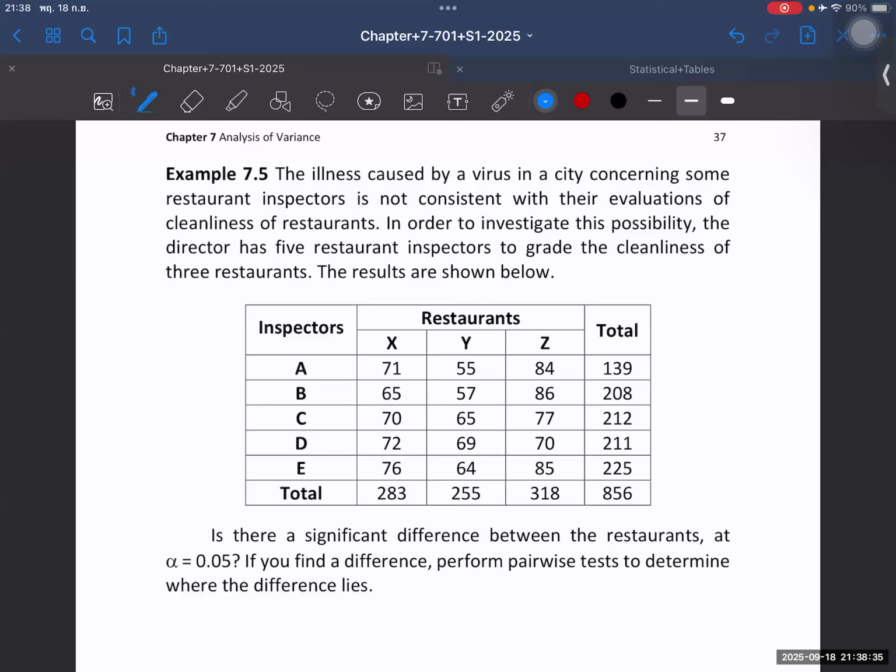They want to ask, is there a significant difference between the restaurants at the 0.05 level of significance? If you find a difference, perform the pairwise test to determine where the difference lies.